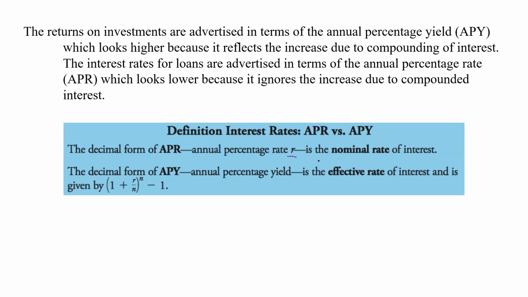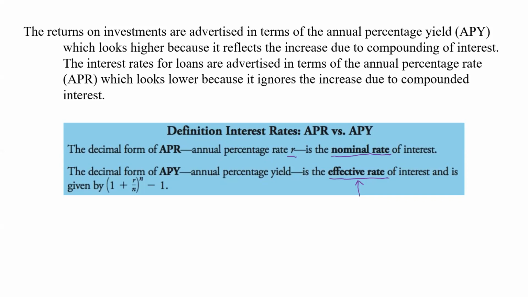Now that's the nominal rate. So that's what we have to remember, nominal rate versus effective rate. Some questions will say, hey, the effective rate is this, and you have to remember, oh, okay, now we're talking about the annual percentage yield, whereas the APR is just the nominal rate, and it's just the annual percentage rate in decimal form.